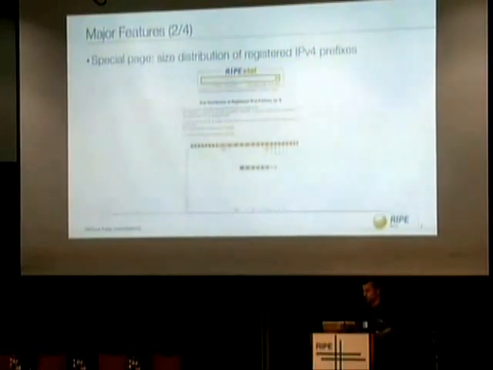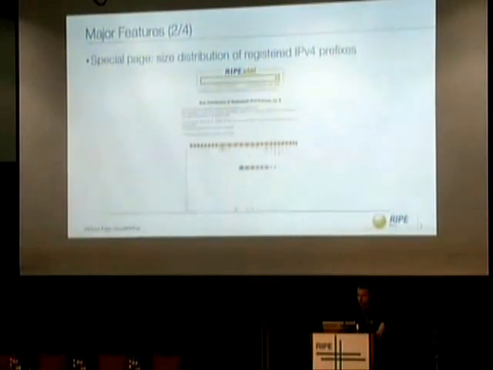So for all the 255 /8s, we show how many delegations are within that /8, aggregated over all RIRs. That special page will also be covered in more detail in the routing working group on Thursday.